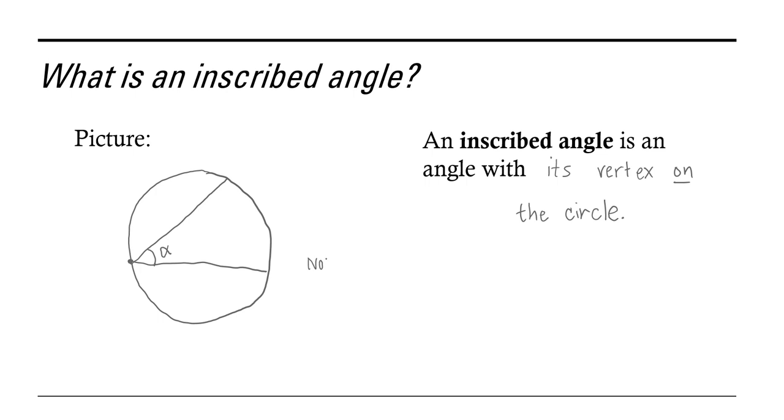I would like to make a note too that an inscribed angle doesn't have to just look like this. It could also look like this. I could have the vertex of my angle on the circle, but then have the angle open up like that. As long as the vertex is on the circle, it's still an inscribed angle, and so this would be that theta angle.